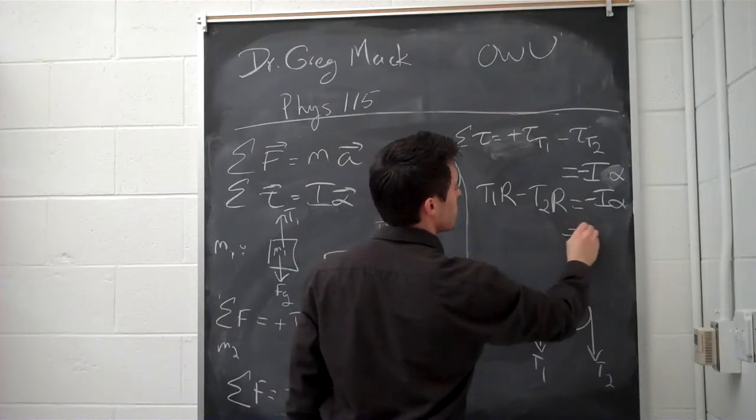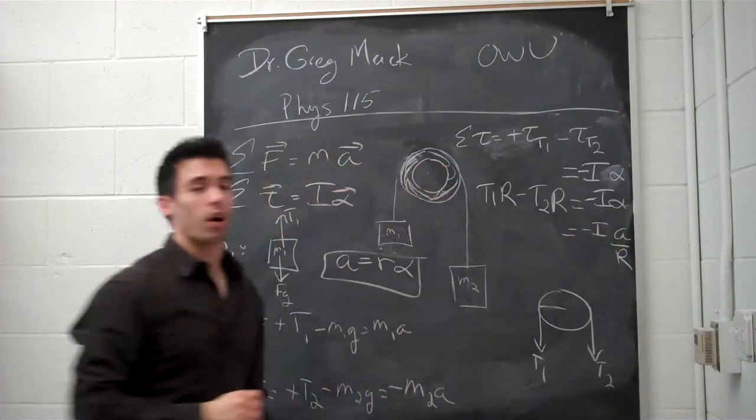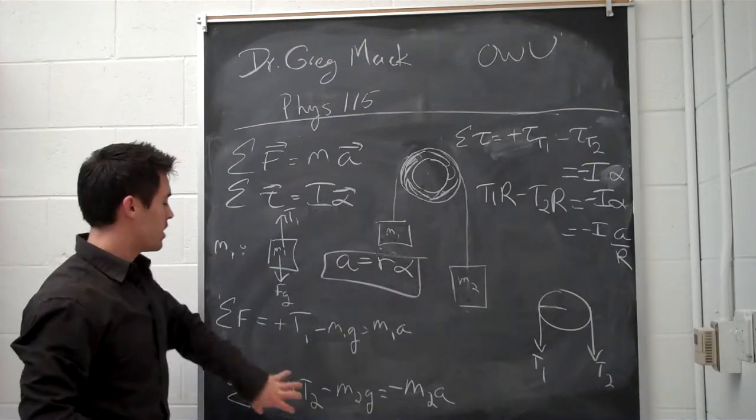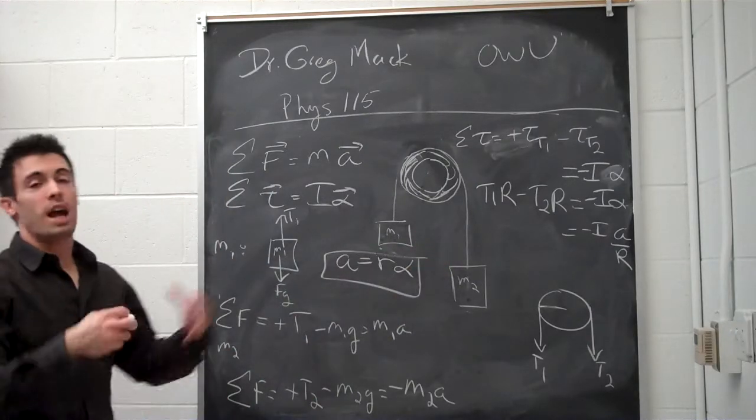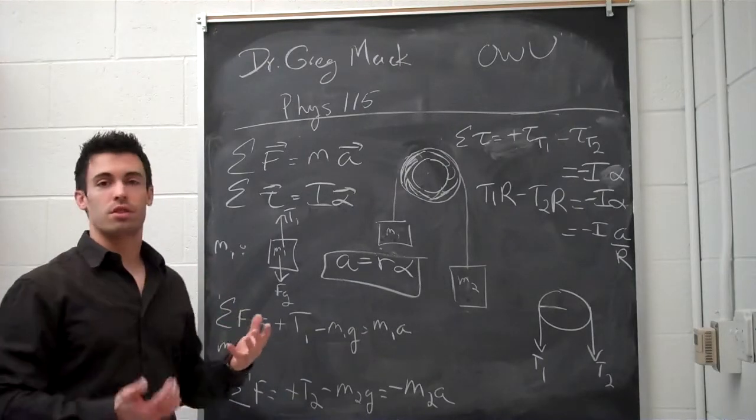And so that means that this is equal to minus I times A over R. And then you can take this equation, and this equation, and this equation, and set things equal to each other, and solve for acceleration, and then solve for whatever else you need to solve from there.